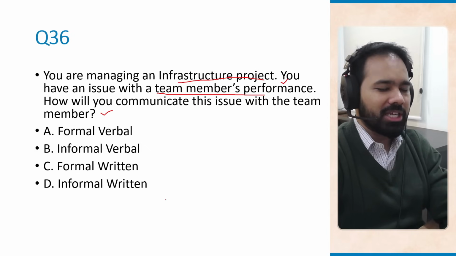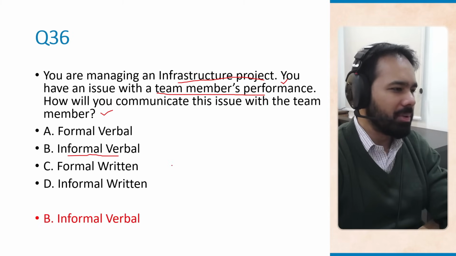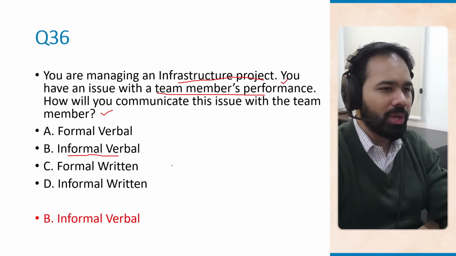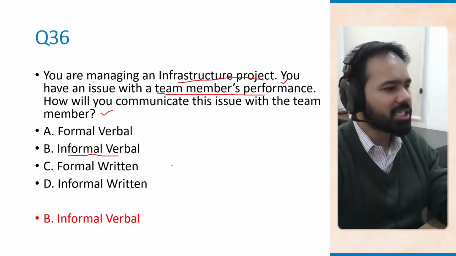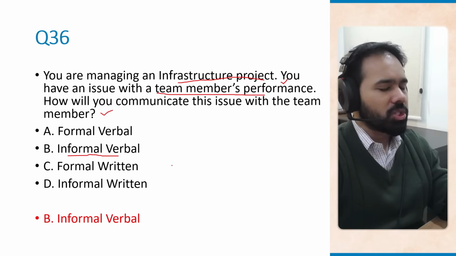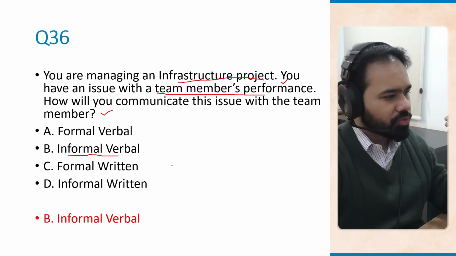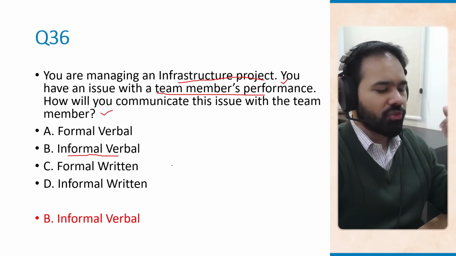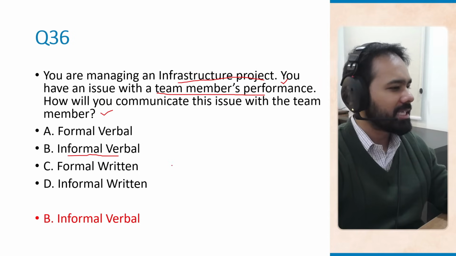Well, the first thing that you should do as a project manager is to communicate informally and verbally. That's the first way to speak to a team member whose performance is not up to the mark, right? That is the best first step, to have a one-on-one private conversation. This allows for open discussion. This allows for coaching opportunities. This allows for possible resolution without any formal escalation.